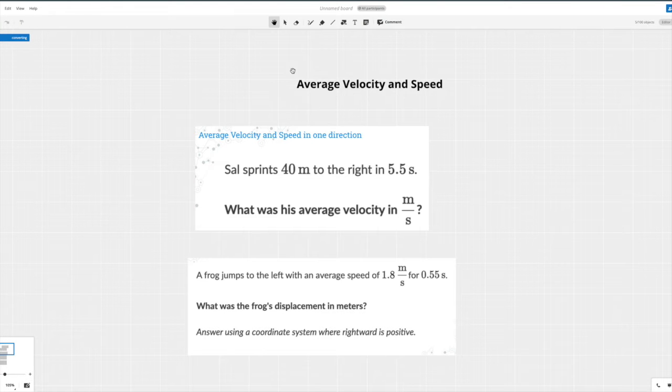So speed and velocity are different things, as we're going to see in this example. Velocity is displacement over time.